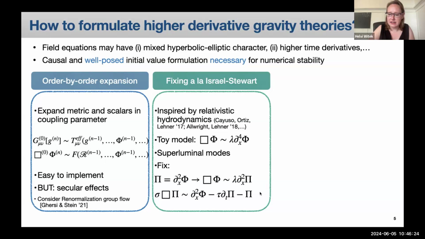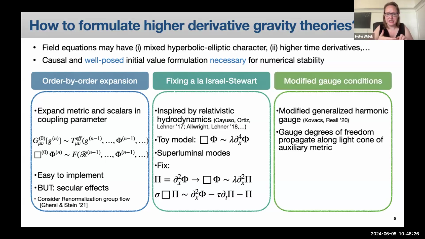And then the last approach that people came up with afterwards is to think about modifying the gauge conditions. The original idea by Aaron Kovacs and Javier Real was to take the generalized harmonic gauge, which is used with a generalized harmonic formulation, and modify this.